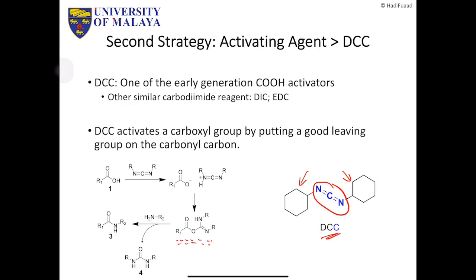This species is very active, and as you can see, it no longer functions as the basic carboxylic acid. So in the presence of an amine group, it doesn't form an acid-base reaction. It forms an amide bond, as shown here, and then you have a urea byproduct that you can simply remove by filtration.